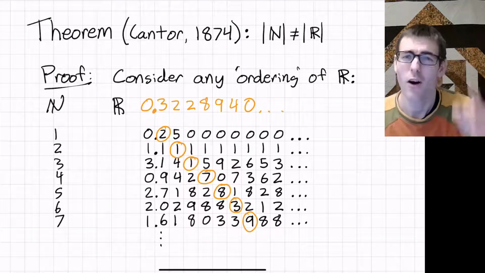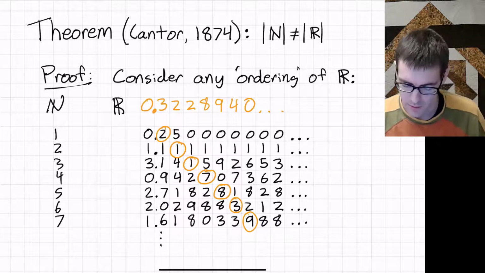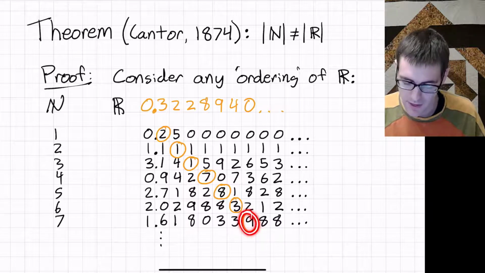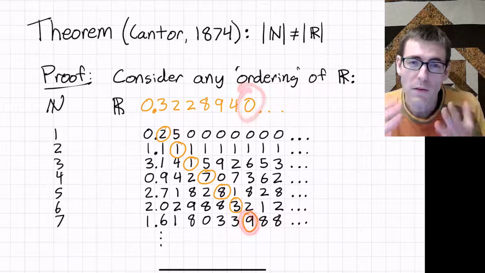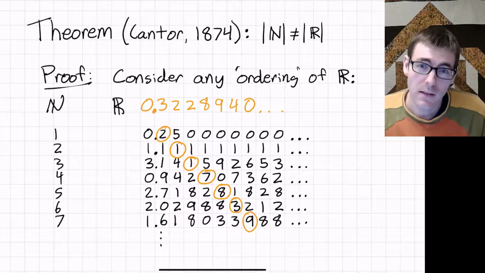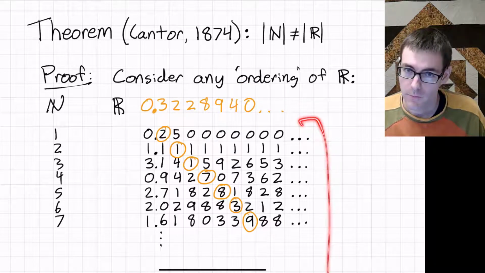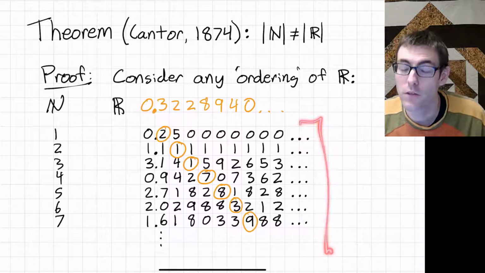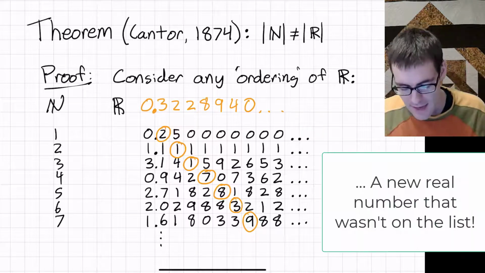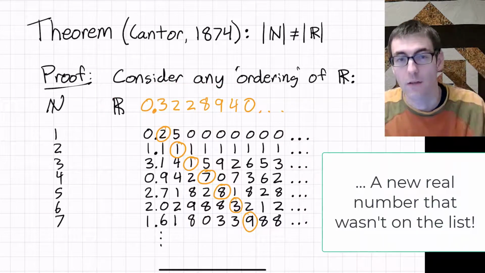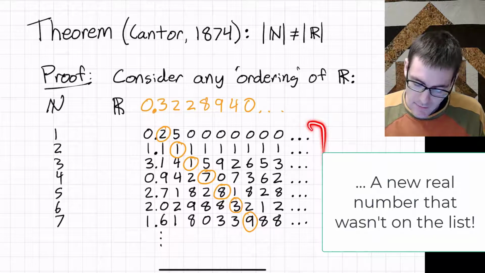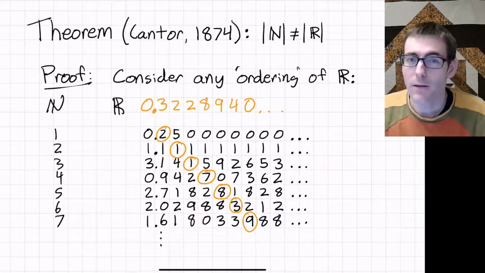You say, no, I know it's different than the 7th one because it's got to have a different 7th decimal entry. So what we've done is we've taken an ordering, we've taken a list of real numbers, and we've identified a new real number. In other words, any list must necessarily be incomplete.